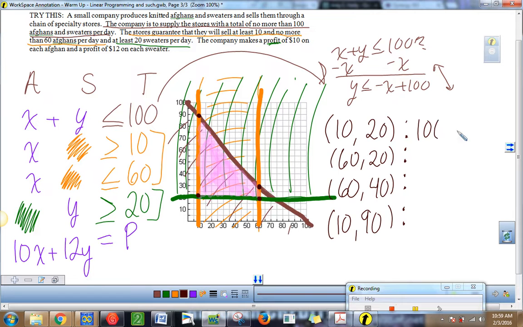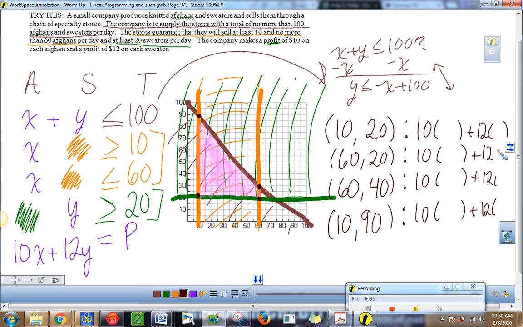So we got 10 times something plus 12 times something. You can set it all up and then substitute them in. I'm very big on prepping work and then just substituting things in. I think it's just an efficiency thing.